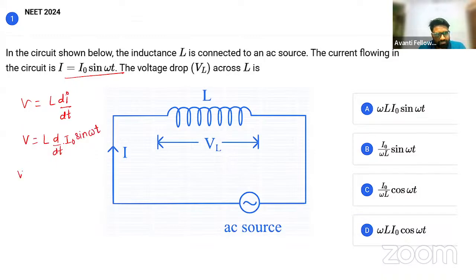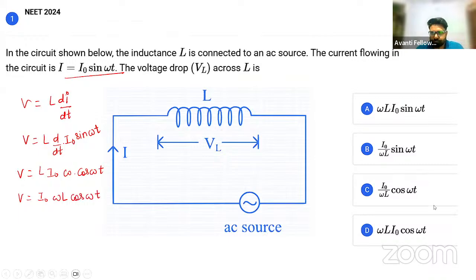I naught is a constant, so you can take it out: L I naught, d by dt of sine omega t, which will become omega into cos omega t. So it is coming out as V equals I naught into omega L cos omega t.